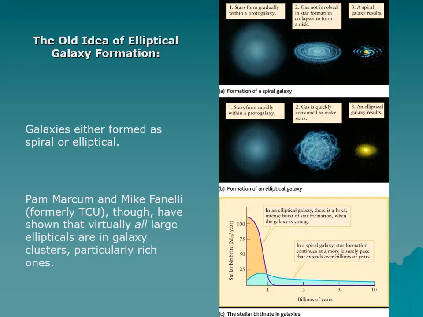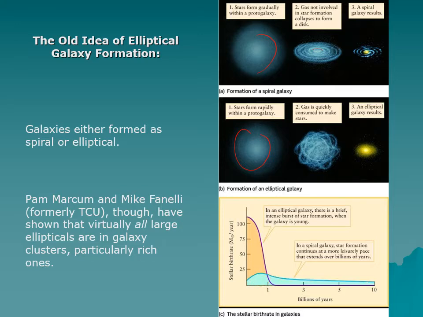So your book actually indicates something slightly different than this. Your book says that when galaxies form, you have all this dust and gas, and either it swirls together and makes some stars, and all the dust stays there. You have kind of a burst of star formation, and you just keep all the gas and keep making stars for a long time.